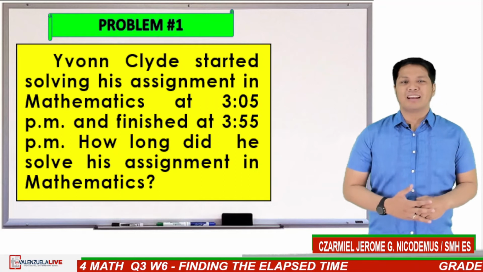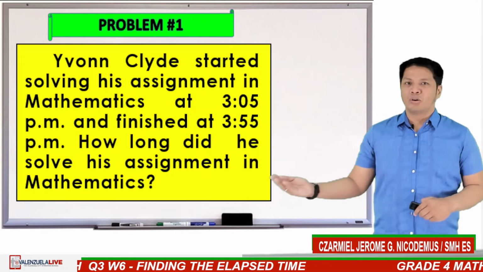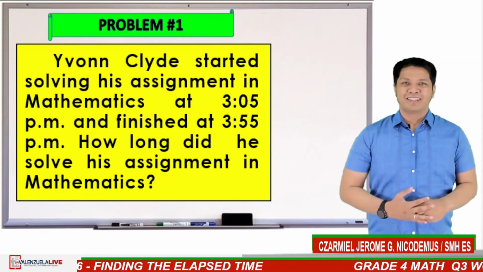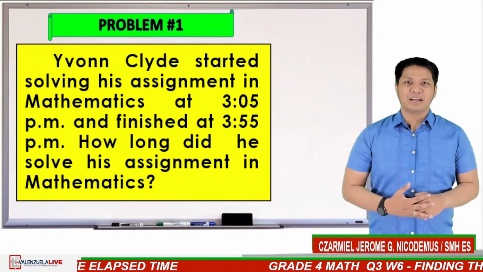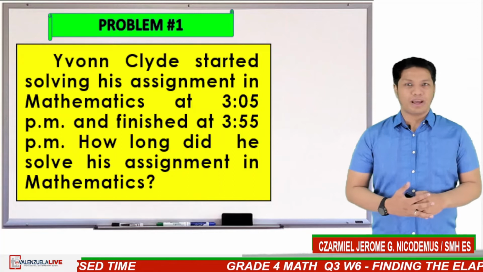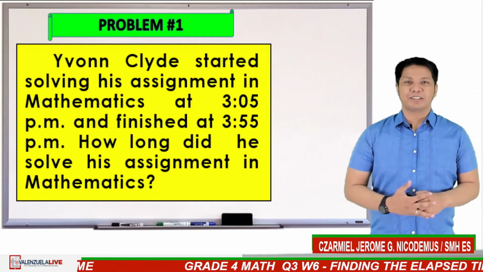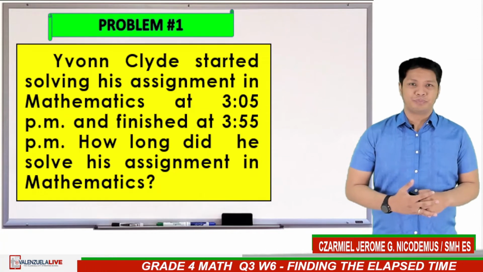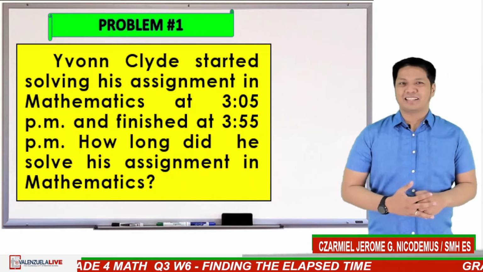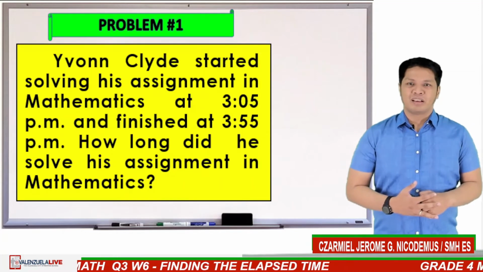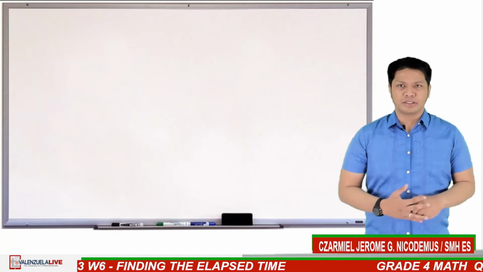So now, let us read and analyze this word problem. Yvonne Clyde started solving his assignment in mathematics at 3:05 p.m. and finished at 3:55 p.m. How long did he solve his assignment in mathematics? Let us analyze the question.